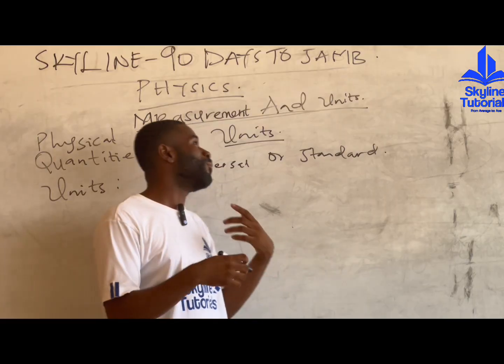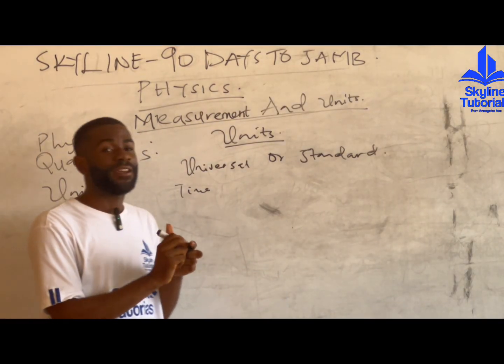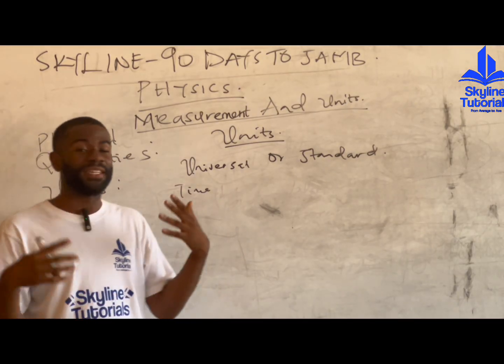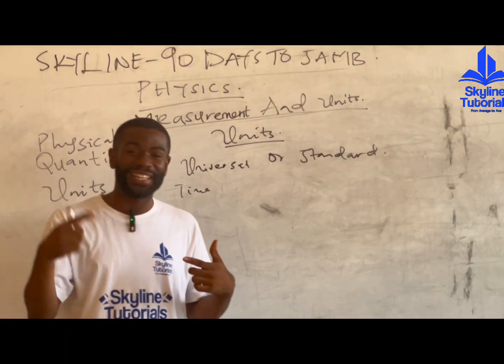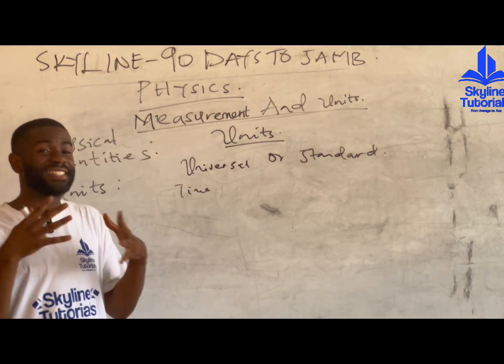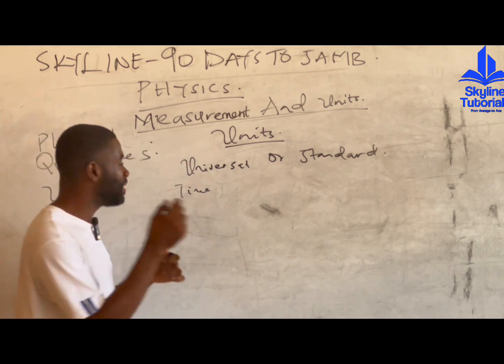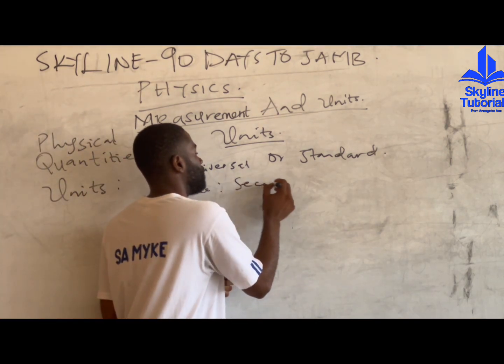For example, we would use time. Time has different variables through which you can measure it. You can measure time in days, weeks, months, years, decades, centuries, seconds, minutes. But there is a universally accepted unit for measuring time, and that is seconds.